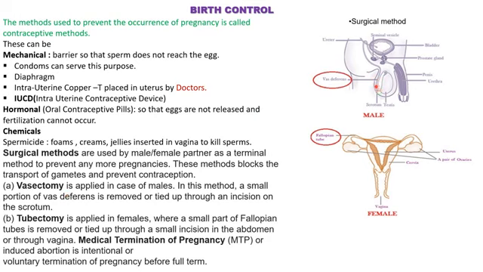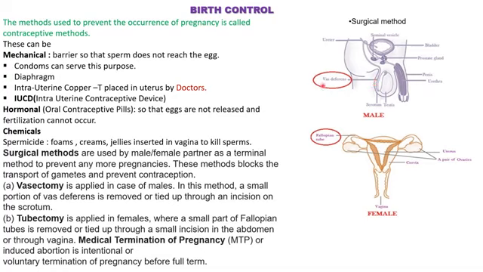Definitely the sperms which are produced cannot go through the vas deferens, and cannot reach the egg, because you have cut the way of the sperm. A piece of vas deferens is cut from here, and then these two ends of the vas deferens are tied. So it is removed and tied up through an incision on the scrotum.